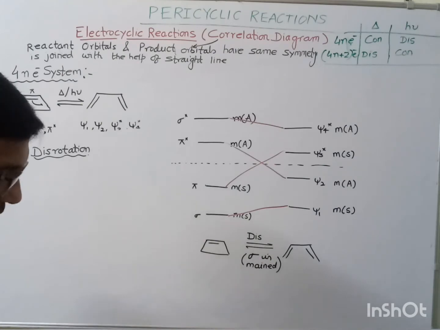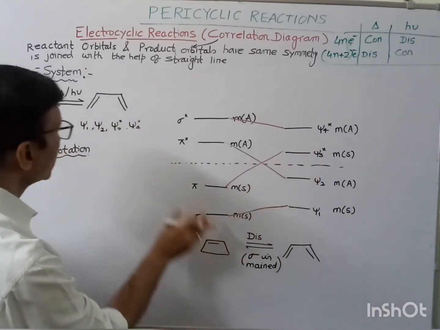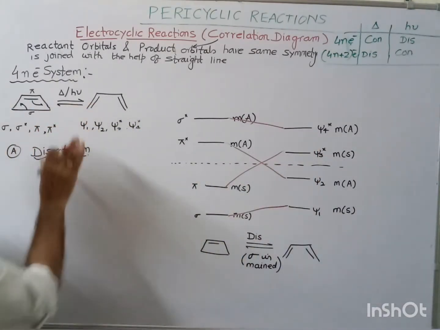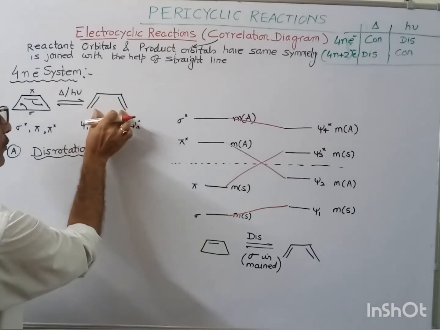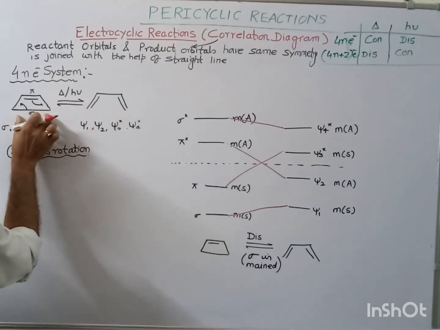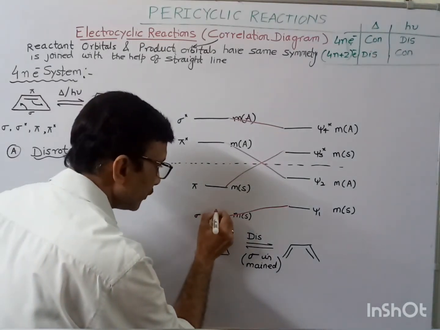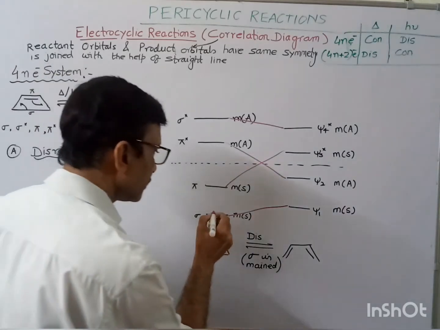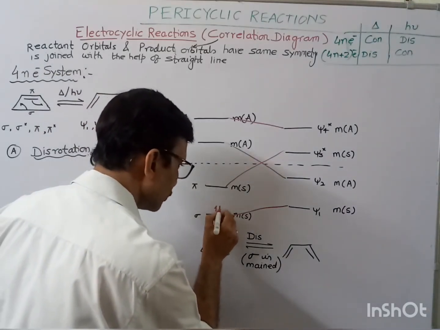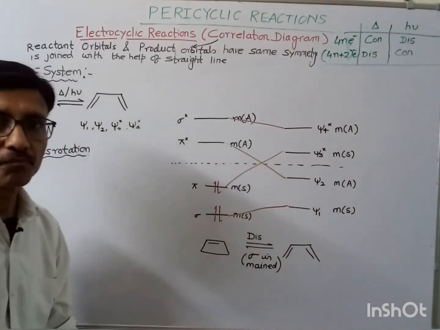So how can we prove it? How many electrons are involved in this reaction? 4 electrons in butadiene, or 4 electrons in cyclobutene. So 4 electrons are involved, so I should fill the molecular orbitals with 4 electrons: 2 electrons over here and 2 electrons over here.